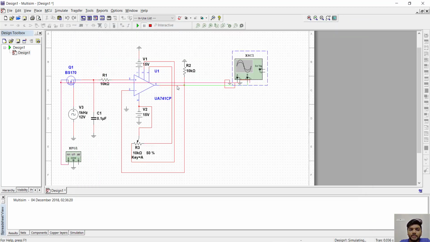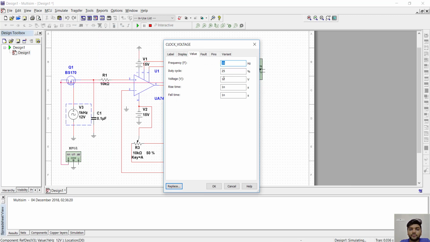Now, let me take the value of duty cycle to approximately 80%.